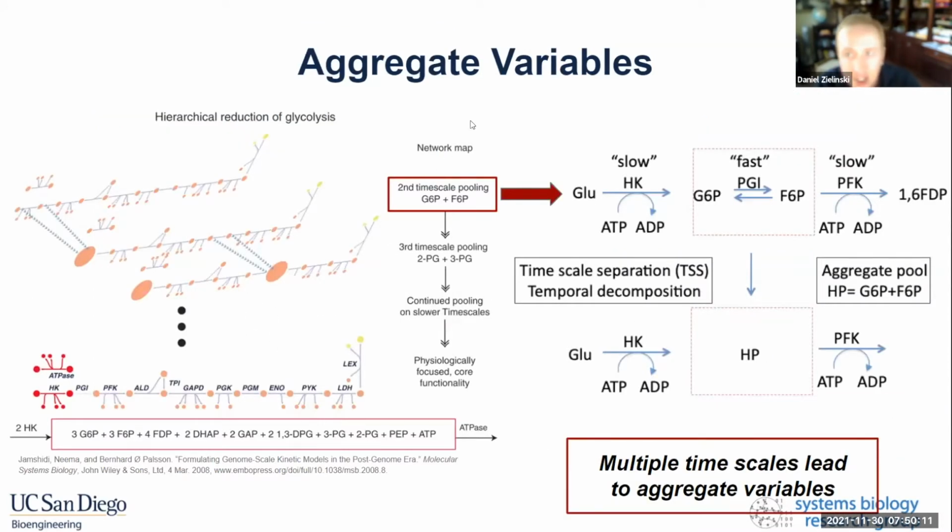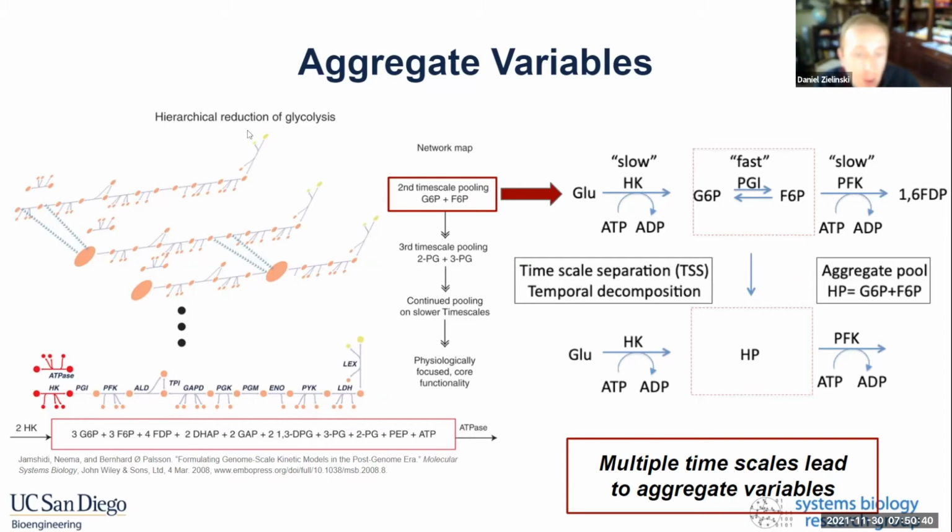This kind of separation can result in a simplification in our network through aggregation of our variables. If we look at a network like glycolysis, we're going to have fast and slow processes within even a small network like this. If you have a very fast process, you end up with what's called pooling, meaning any dynamics that were going to happen very quickly.